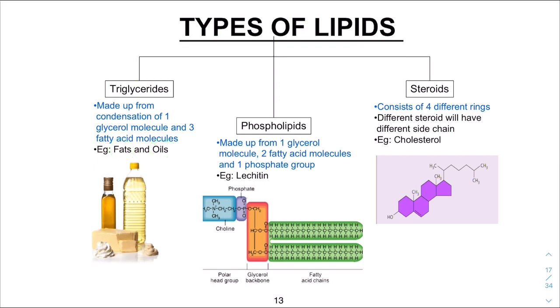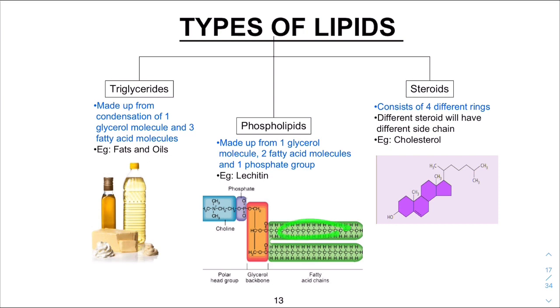Second, kita akan tengok phospholipid. Phospholipid pula is made up from one glycerol molecule, 2 fatty acid molecules and 1 phosphate group. Dalam gambar ini adalah lecithin, an example of phospholipid. Untuk phospholipid unik dia ialah 1 glycerol, 2 fatty acid and 1 phosphate group.